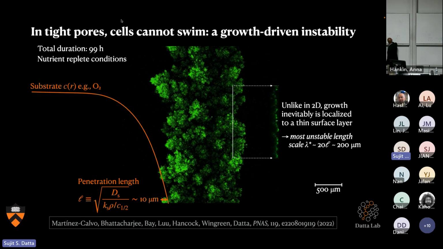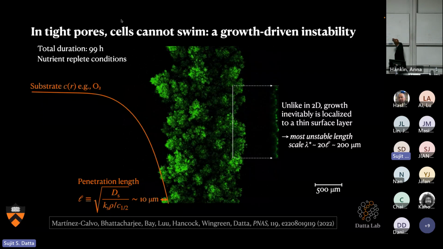When we perform a simple linear stability analysis of this active fluid model, the important feature is that the growth is coupled to nutrient availability. If you look at the growth rate of perturbations of a given wave number, our dispersion relation looks something like this.